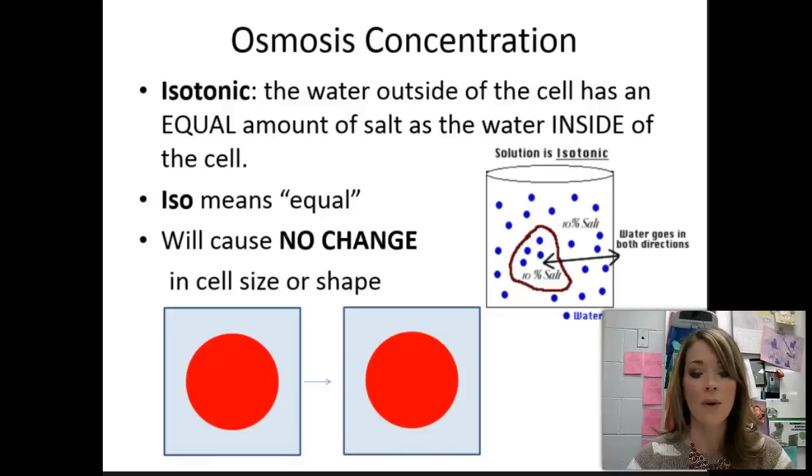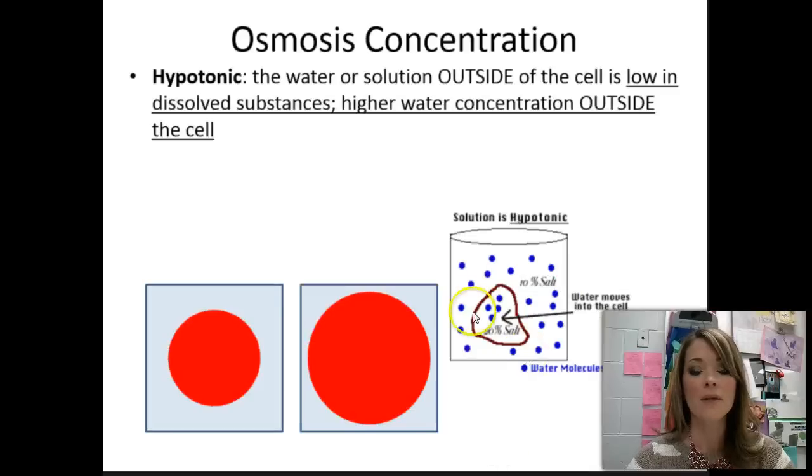If it is, however, hypotonic, hypotonic means that the outside is a lower concentration of the dissolved solute, so it's going to have a higher concentration of water. So here you can see in this diagram that there's 80% water inside the cell, but 90% water outside the cell. Because there's a lower concentration of water inside, the water is going to move into the cell.